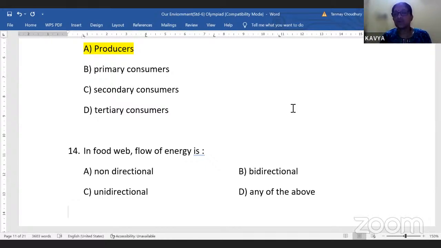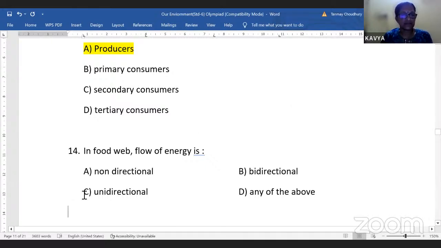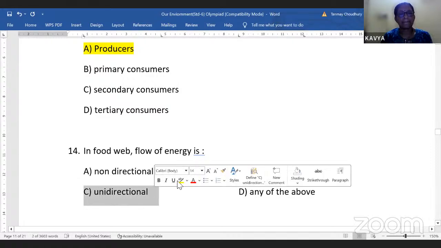The energy flow will always be in one direction. It will not move back. So the flow of energy is unidirectional.